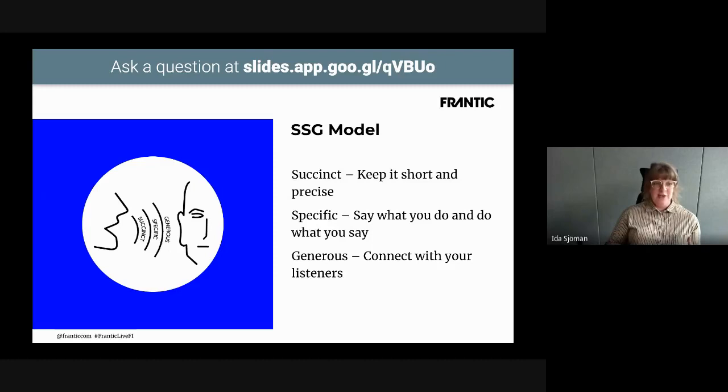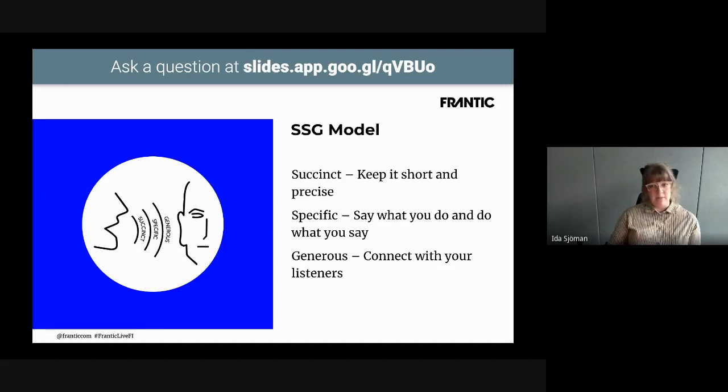Firstly, you really want to be succinct. Make sure your message is really short and simple and people can understand it. Provide text that they can follow up on, so that they feel they know where they are and everything is simple. Be very specific. If you say you're going to do something, if you have an agenda, keep to that.